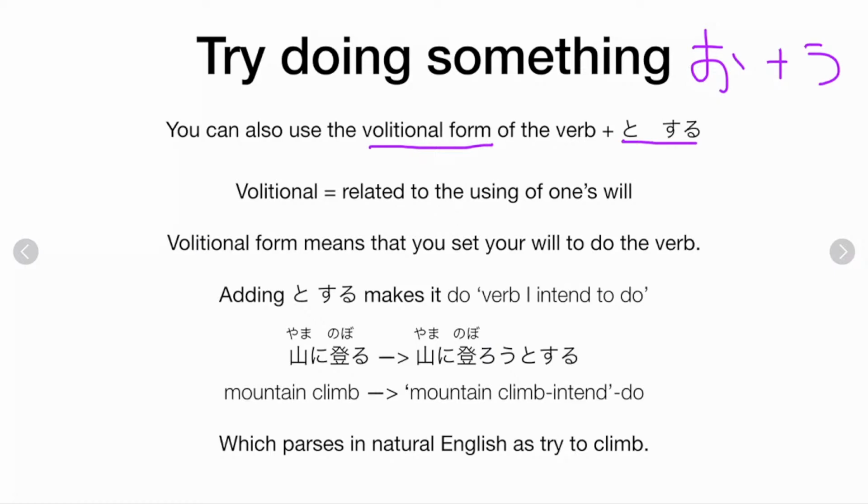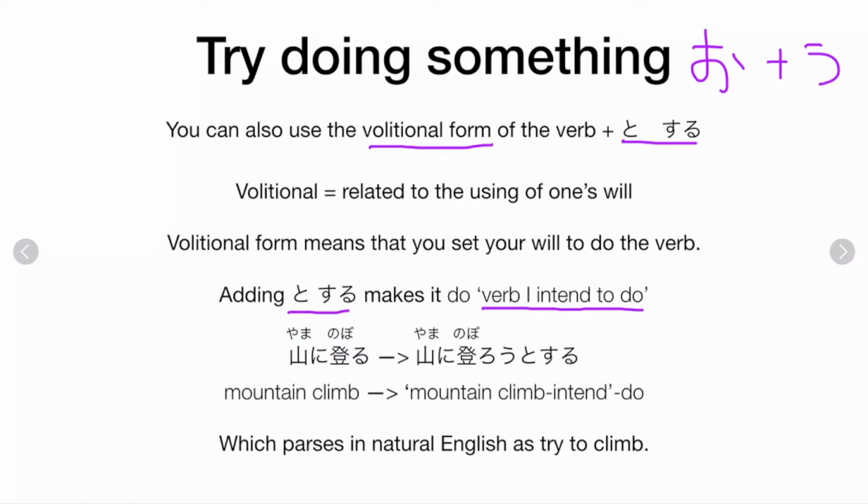So when you use volitional form, that means that you're setting your will to do the verb. You have decided in your mind that I'm going to take actions so that the verb happens. So if you say "to suru," it makes the verb I intend to do the verb.